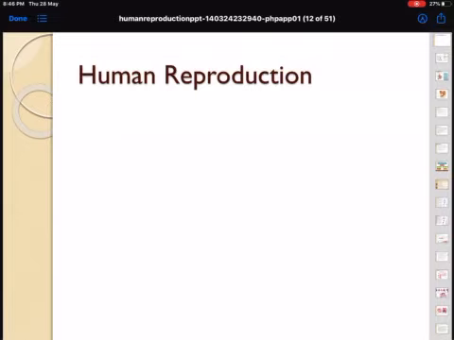How are gonads able to produce the gametes, and what are the various structures involved in this? We will also understand the structure of the male reproductive system, the female reproductive system, and the various hormones that are secreted in both male and female and their influence on the gonads.